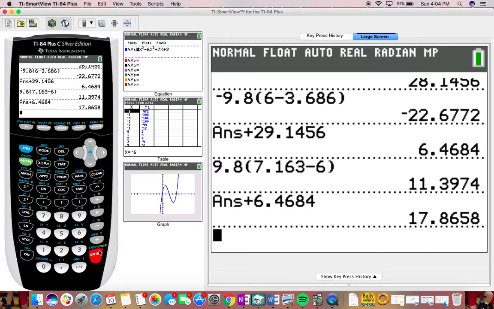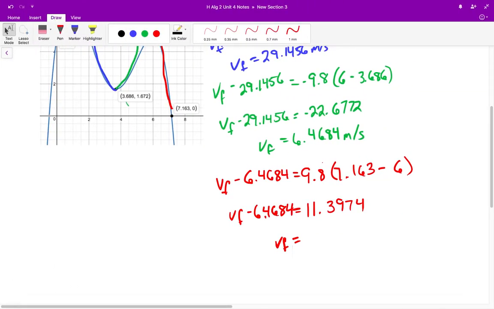And so our ride at the very end is going to be going 17.8658 meters per second.